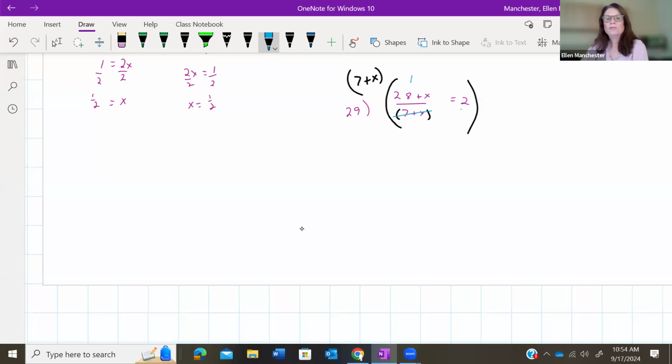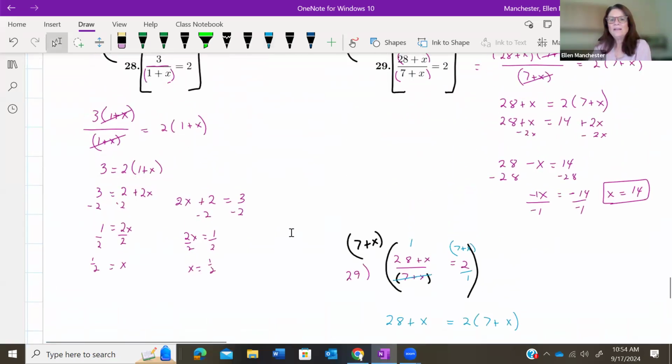And then I have to multiply, this is over 1. 1 goes into 7 plus x, 7 plus x times. So now I have 1 times 28 plus x is 28 plus x equals 2 times 7 plus x. So you see the techniques, either technique is going to end up with the same exact thing.